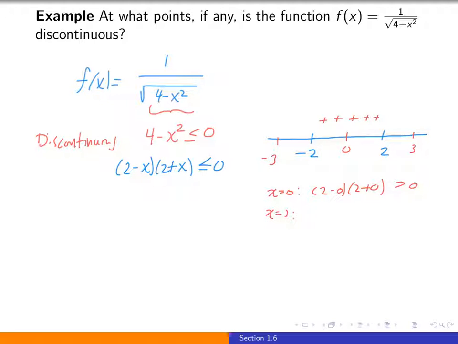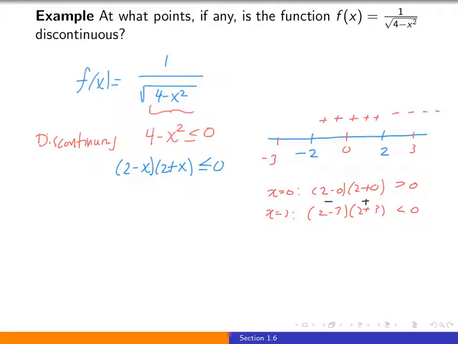At x equals 3, if we plug that in, we're going to have 2 minus 3 times 2 plus 3. 2 minus 3 is negative, 2 plus 3 is positive. A negative times a positive is negative. So it's negative when we're larger than 2.